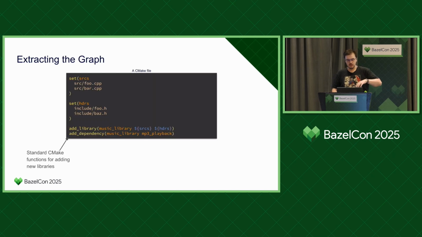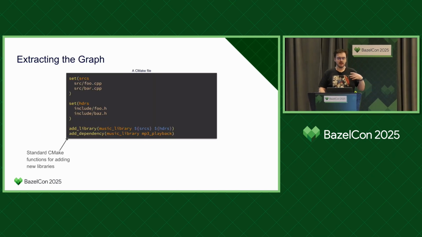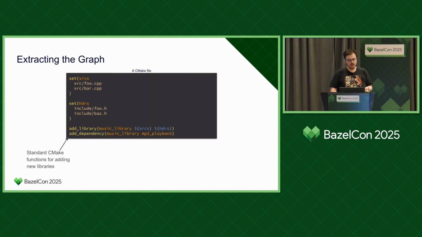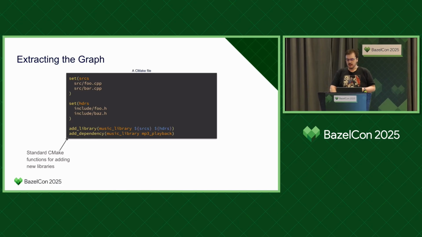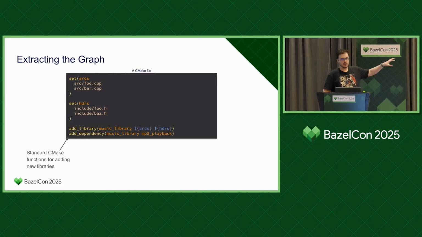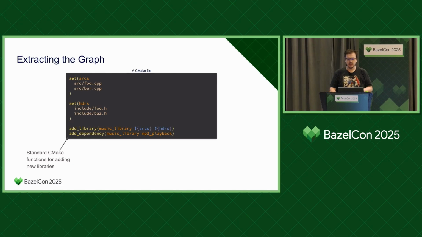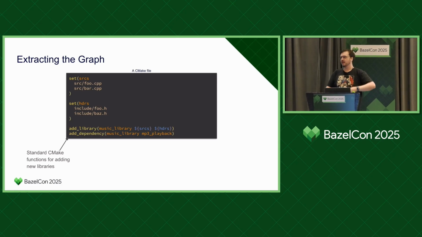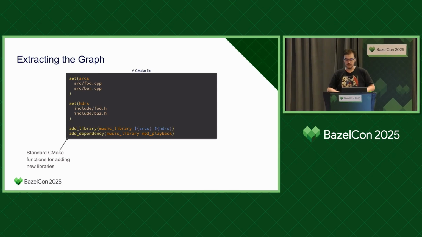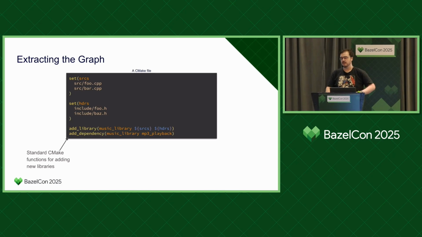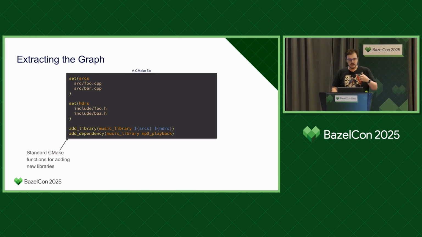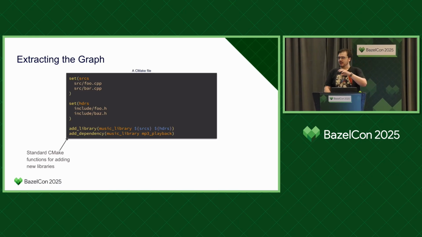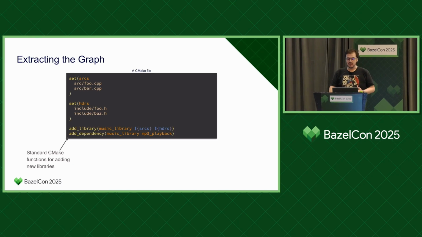So getting into the weeds a little bit, we've got an example here of a pretty straightforward library in CMake, right? We've got some sources, they compose a music library, and that music library has a dependency on some MP3 playback library somewhere else in the CMake graph. And at Spotify, we kind of abstracted this away, so our users don't touch those more base CMake functions.